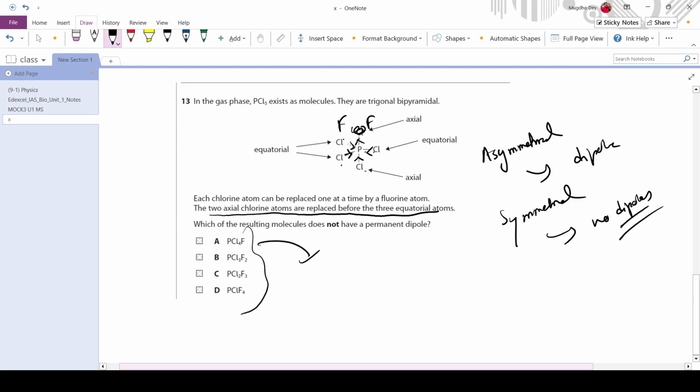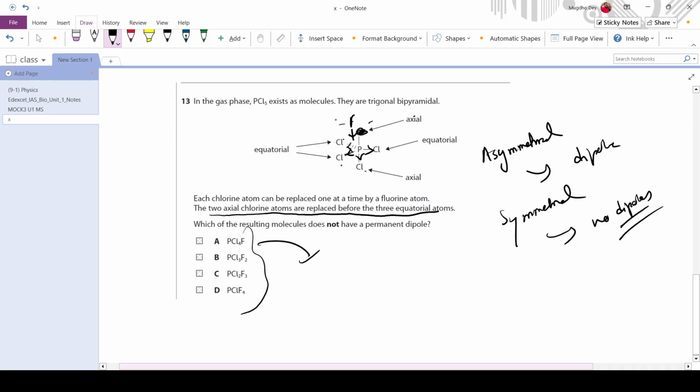Which one? Oh, okay, wait. Chlorine has higher electronegativity, right? Compared to phosphorus. If it does, then it's this way. Yeah, then it's this way. I made a mistake. If we replace this with F, then the dipole does not cancel out, because this time obviously it's going to be this way.